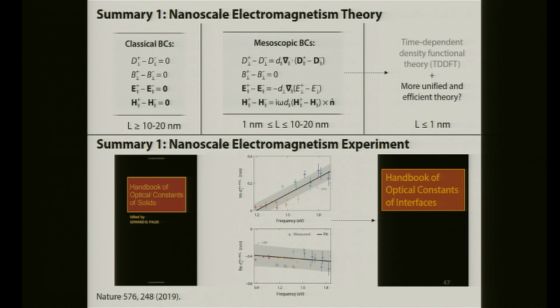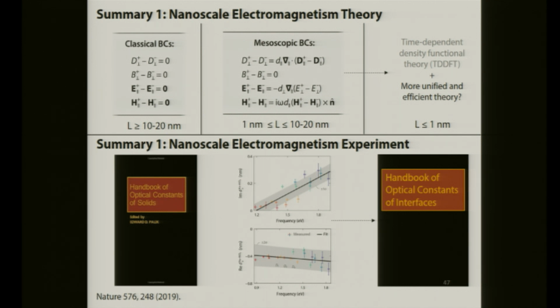So I'd like to summarize my talk here. The first part is nanoscale electromagnetism, verified from a far-field scattering measurement. We hope that the theoretical framework can inspire more unified and efficient theory that's valid for length scales smaller than 1 nanometer.